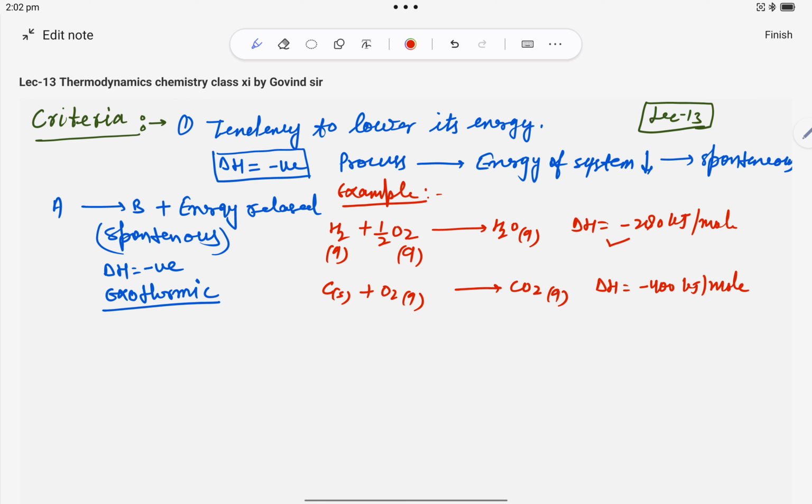But children, here we are having some problem. Many endothermic processes are spontaneous.